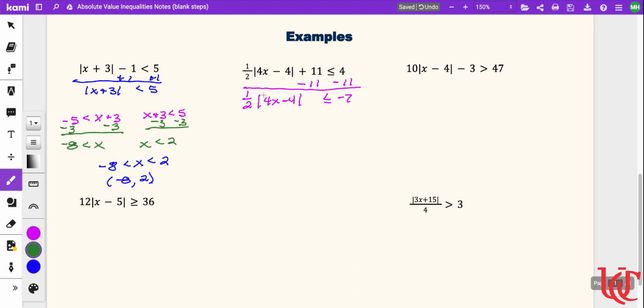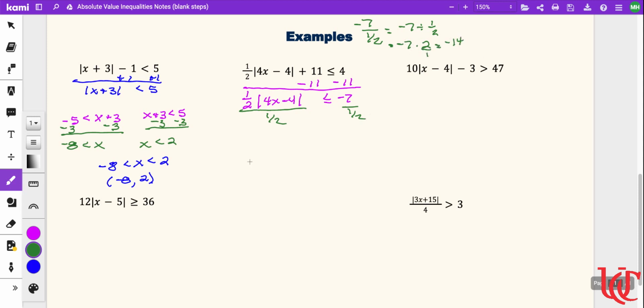So we're going to divide both sides by that 1/2. So I have -7 divided by 1/2, which is -7 times 2 over 1. So this is -14.